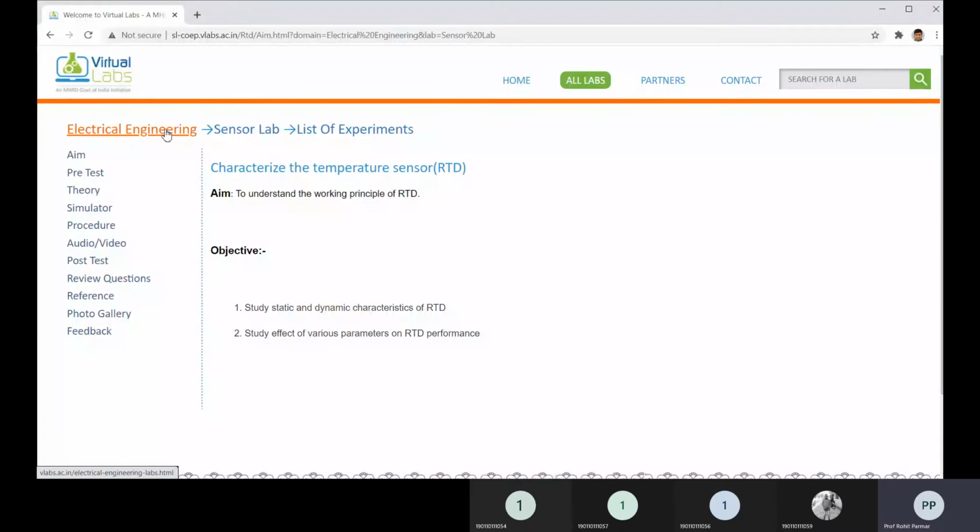Basically I am at VLab, in the electrical engineering department's sensor lab, and in the sensor lab list of experiments, the first experiment is to characterize the temperature RTD sensor.